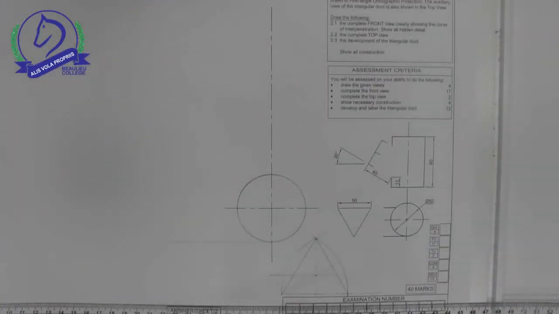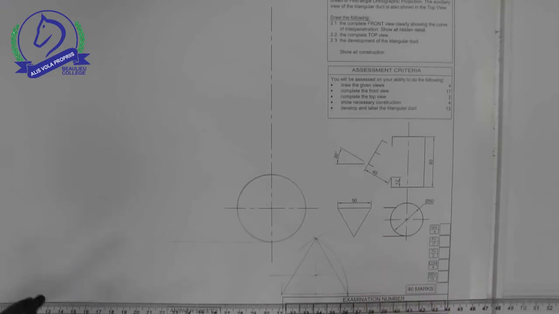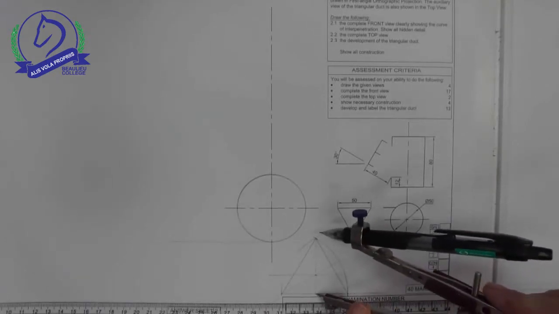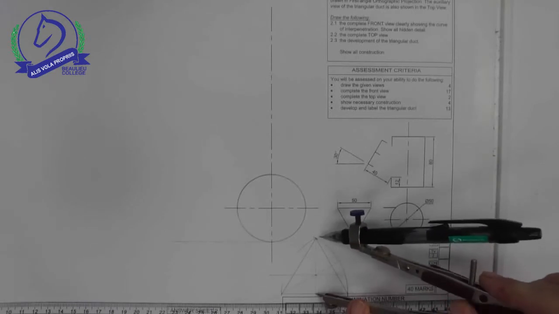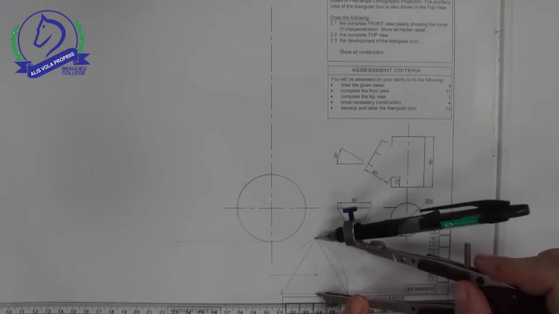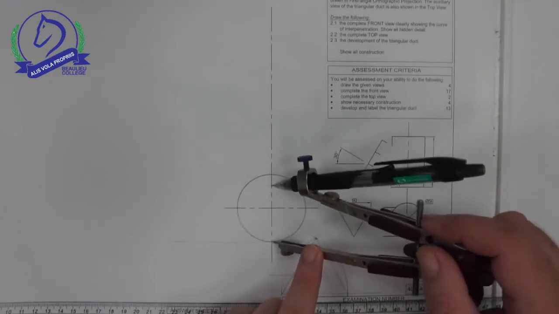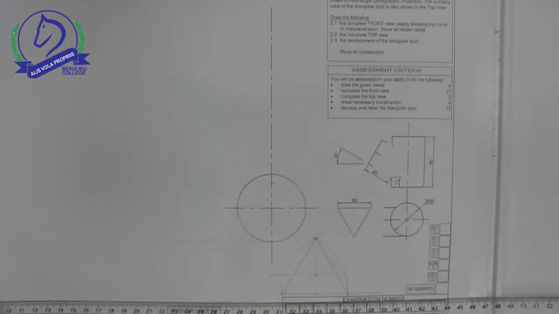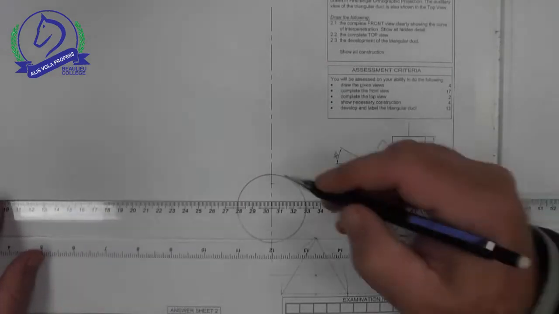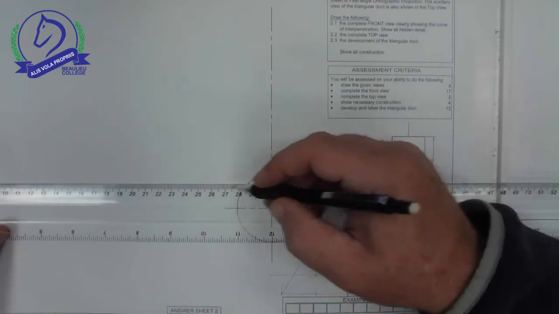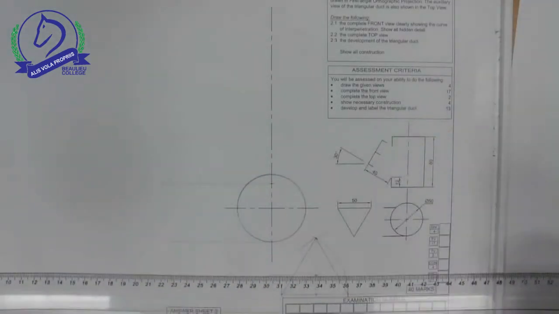So the key element here, I've projected the lowest line because that's where it's touching my circle. I'm going to get this vertical distance. Okay, it's not a sloping distance. I need this vertical distance, which I can then just mark off on this line, which gives me the highest point of my triangle. Okay, so that gives me that width dimension that I'm going to need there.